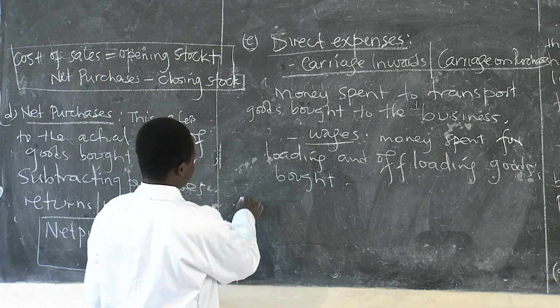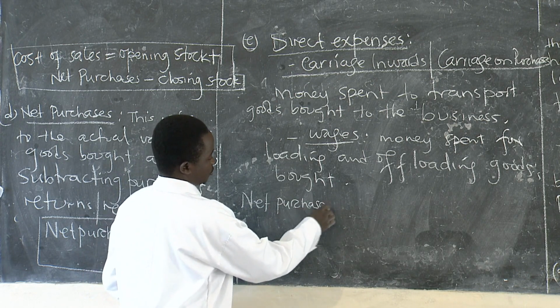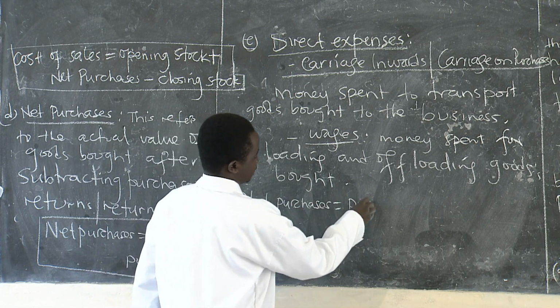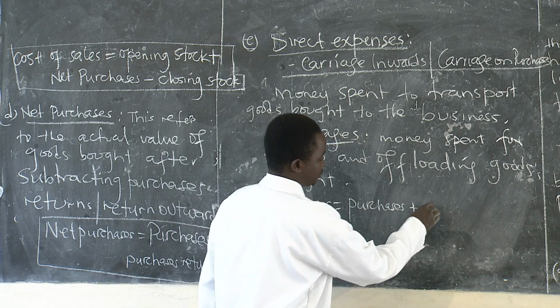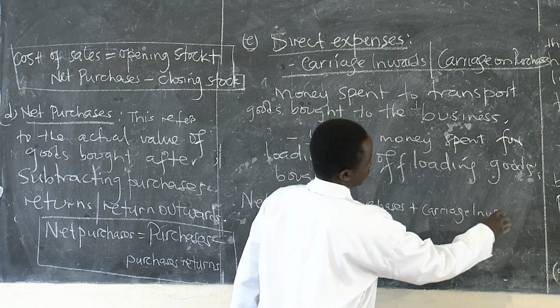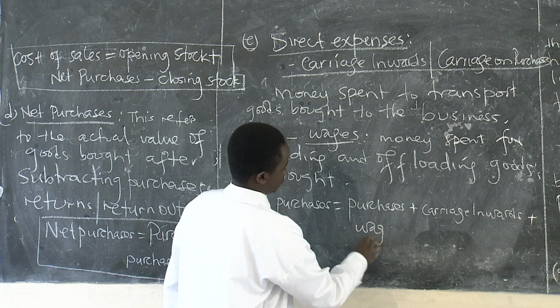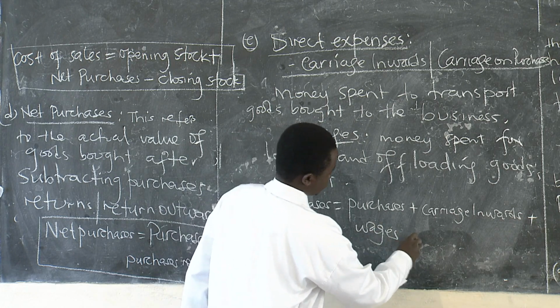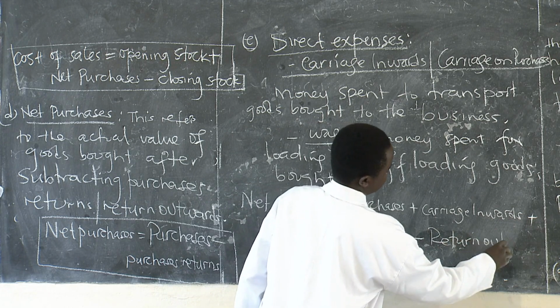So in this case, you can even adjust net purchases. You can have purchases, when you have maybe spent money for transporting goods, carriage inwards, add wages, then you subtract return outwards.